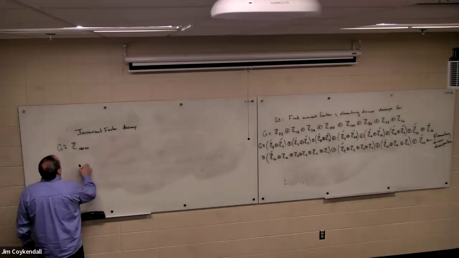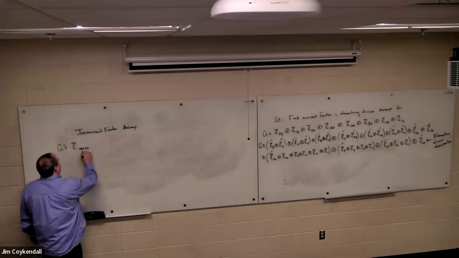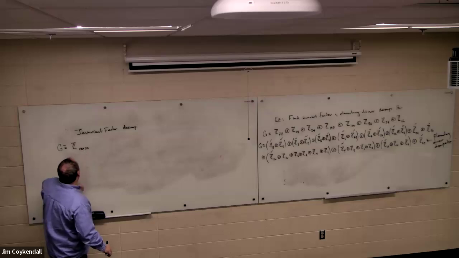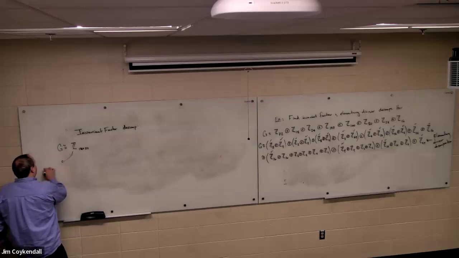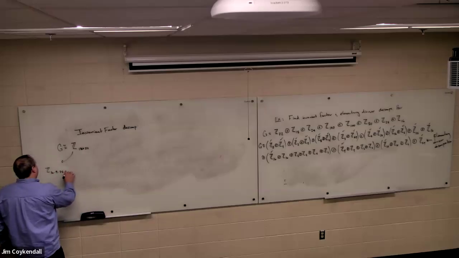Looks like this first one is Z, and if you like, you could certainly write this as Z 16 times 9 times 25 times 49.